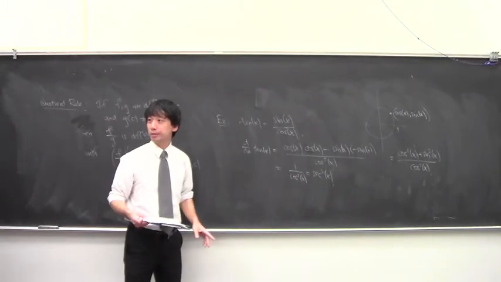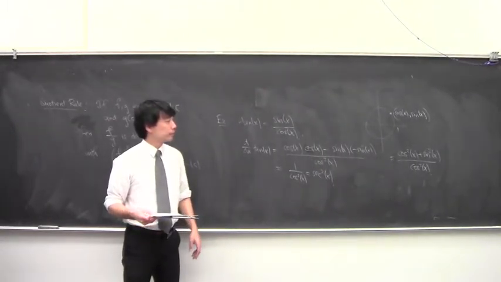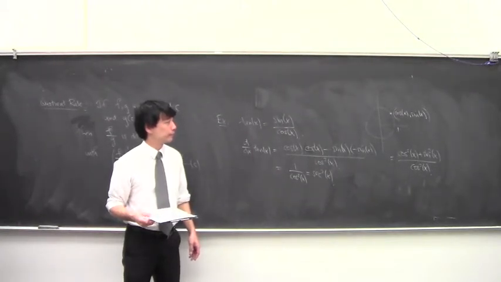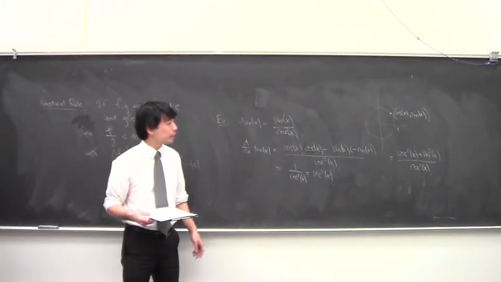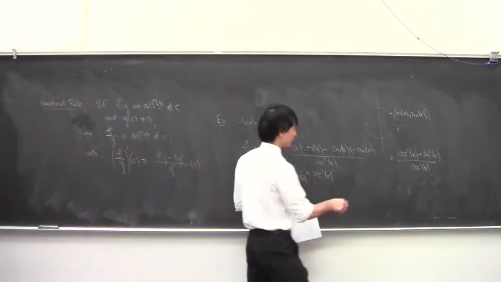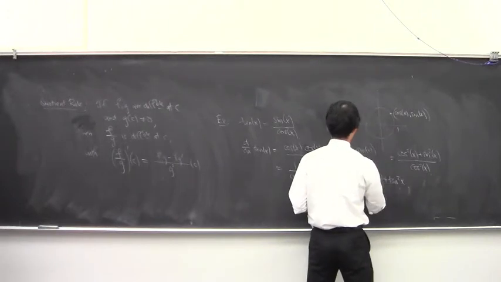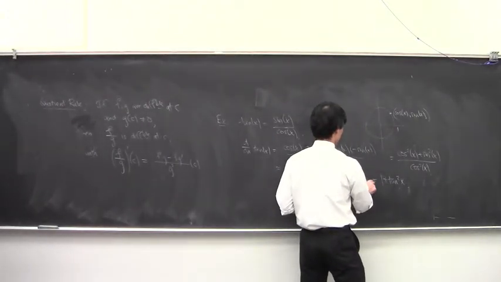Would it also be true that once you have cosine squared x plus sine squared x over cosine squared x, then cosine squared x over cosine squared x plus sine squared x over cosine squared x, you get 1 plus tangent squared x? Yes, that's true. And that also equals secant squared x. 1 plus tangent squared equals secant squared.